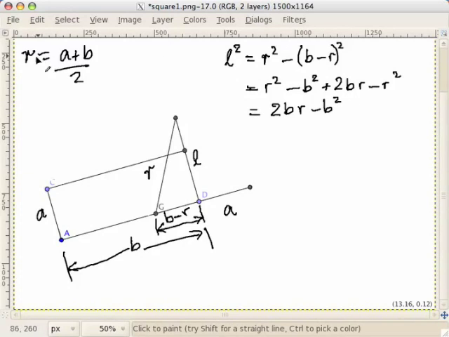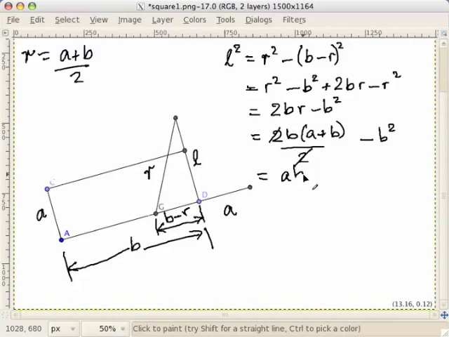Now let's put in what R is. R is (A plus B) on 2. So that's 2B times (A plus B) on 2. Then I've got the minus B squared. The 2s cancel. Expand that bracket out.